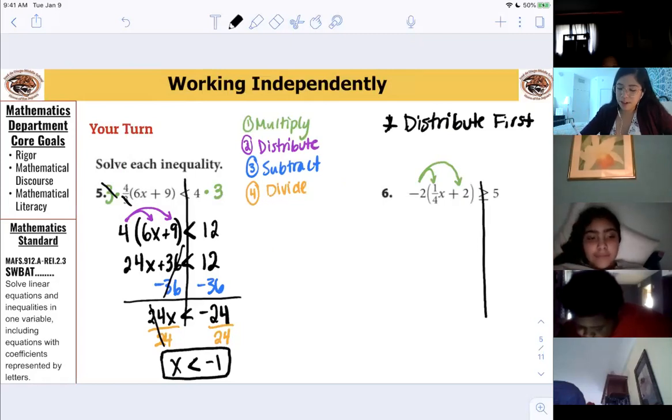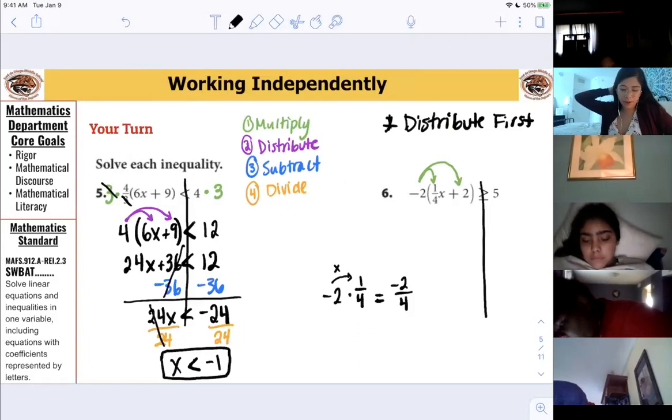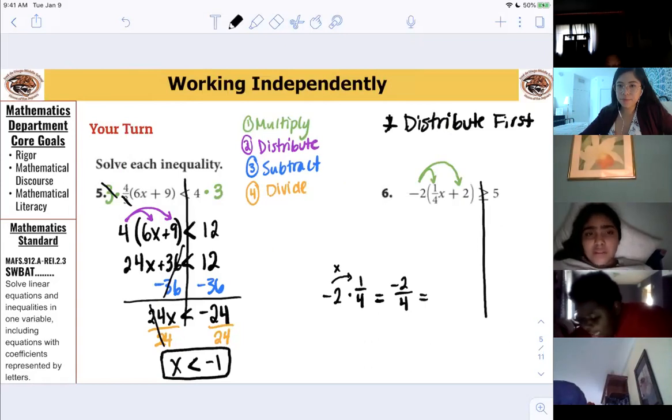So when you do that, -2 times 1 is what? -2. Now I have -2/4, which can be simplified. When you simplify this, what does that become? -1/2.